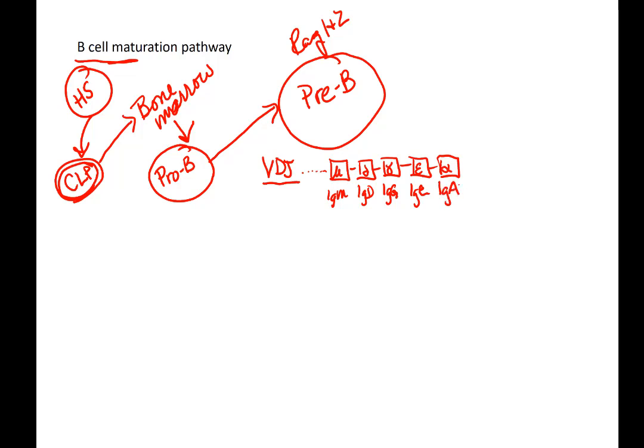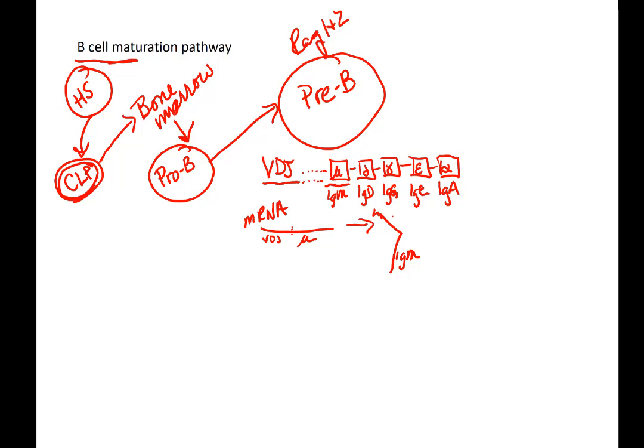So all we're going to do is transcribe this exon and the mu constant region. We're going to snap this together into one mRNA to make the variable region. Does that make sense?